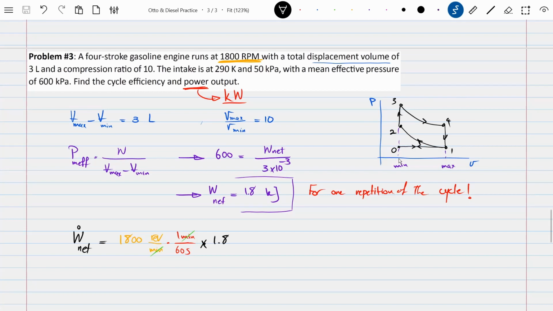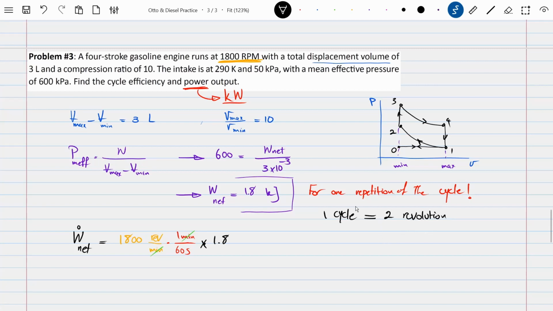So 2 expansions and 2 compressions, meaning that every one cycle requires 2 revolutions of the crankshaft.